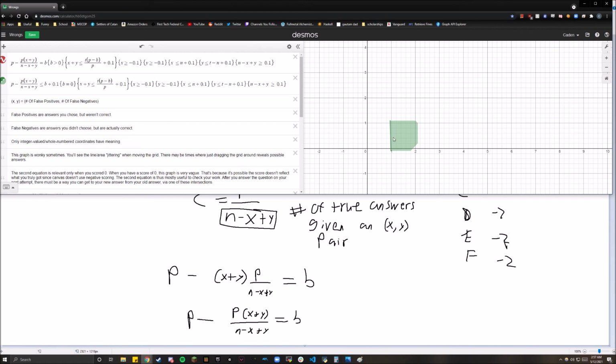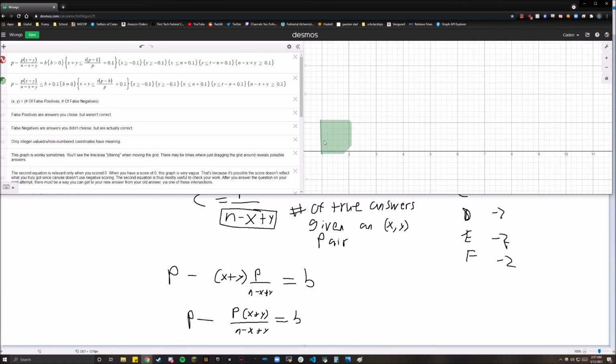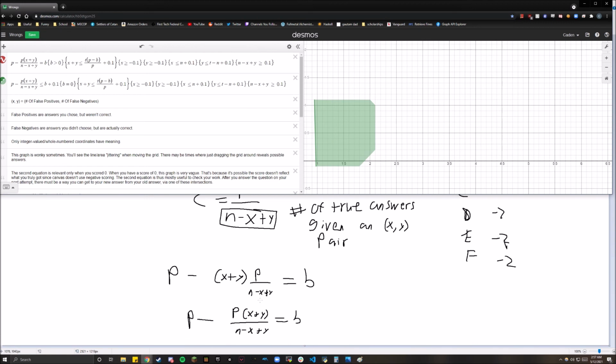And so there are non-integer solutions for X and Y, but those don't have meaning in the real world, or at least the problem that we're applying this graph to. So we are only concerned with the points when X and Y cause this equation to equal B, and when X and Y are integer values. So hopefully that clears things up.